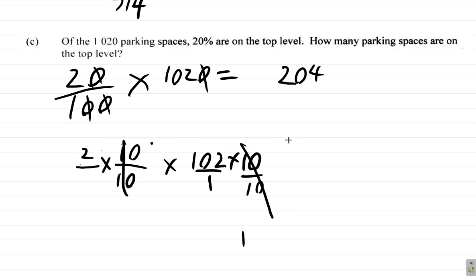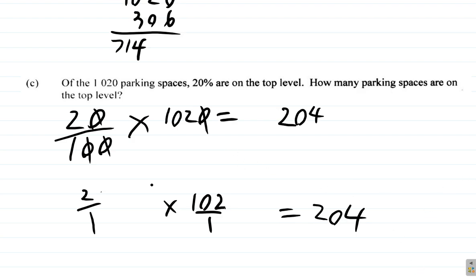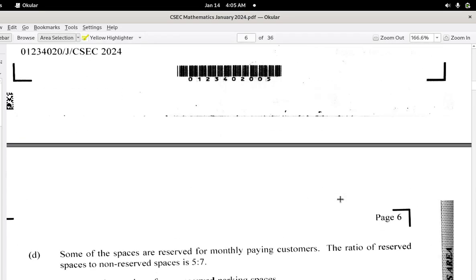So after cancelling this, that's gone, and you don't need the multiplication sign again, it's really 2 over 1 times 102, which is 204. Alright? Just to look at that again. So that's part C. 204 are on the top level. Let's see what happened here now.